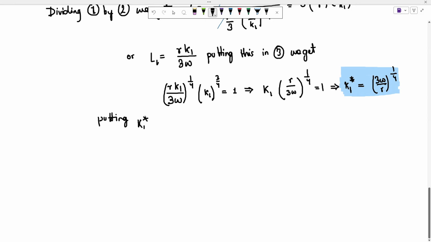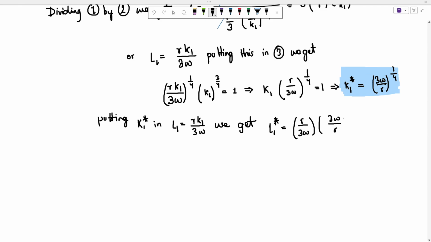Now again putting K1 star in L1 equals R K1 by 3 omega, what should we get here? We will get L1 star as R by 3 omega times 3 omega by R to the power 1 by 4.